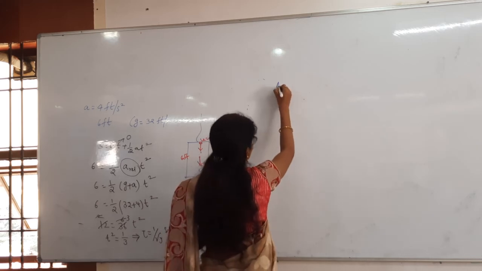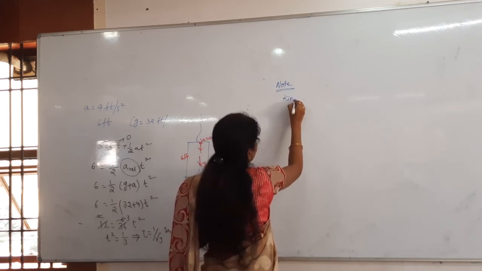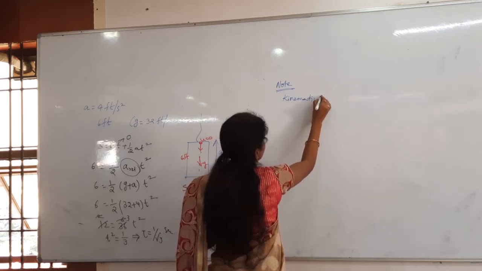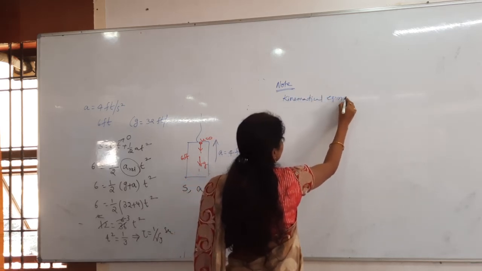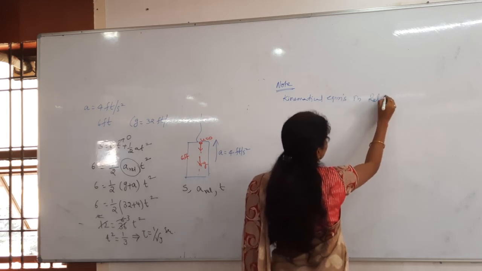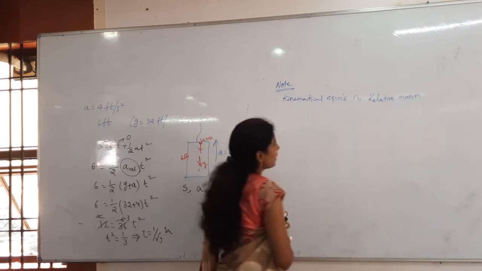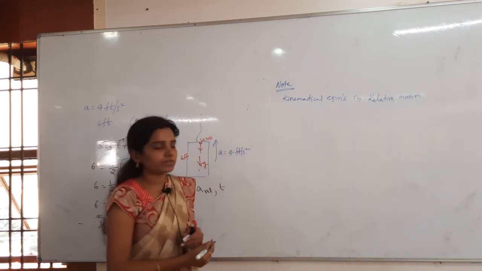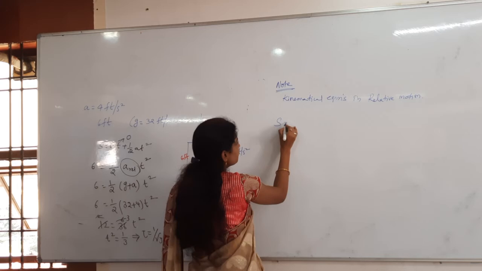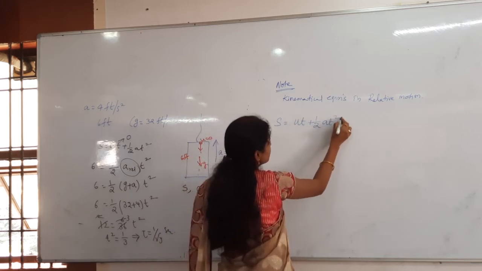Write a note point. Kinematical equations in relative motion. So the first equation is S is equal to ut plus half at square.